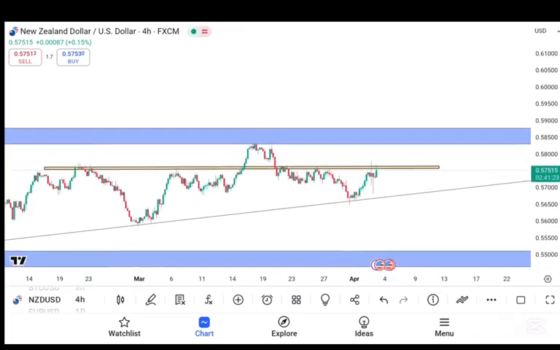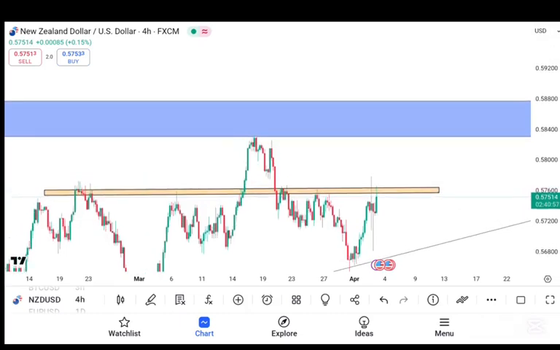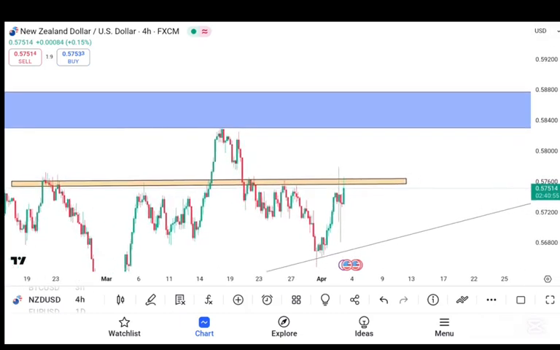In a minor level, before you jump into this market, you need to wait for price to break above this level and give you a bullish confirmation before entering.